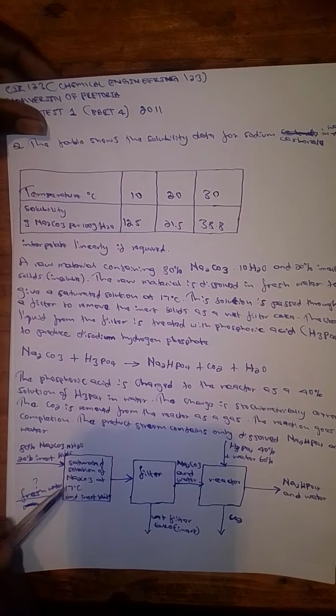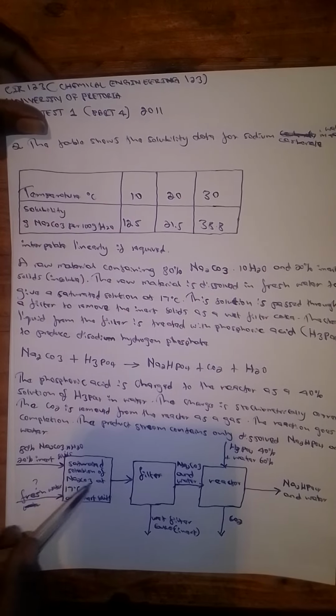So that is basically what we're going to be calculating. We're going to calculate the mass fractions of Na2CO3 and water in here. And for us to go about that, let me just write down that mass fraction.